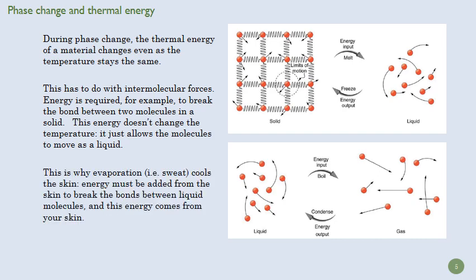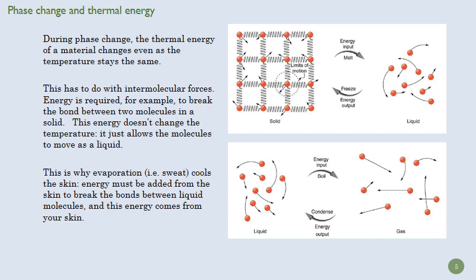So we can take the example of evaporation and its cooling process, right? So you sweat in the summertime. Why is that cooling your skin? Well, in order to turn that water into a vapor, you need to add energy to break the bonds between those liquid molecules.